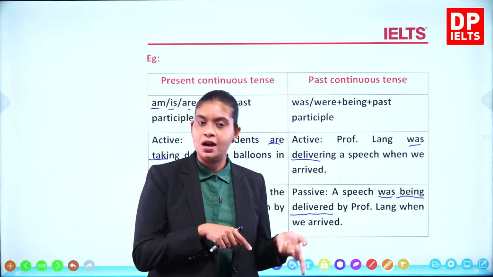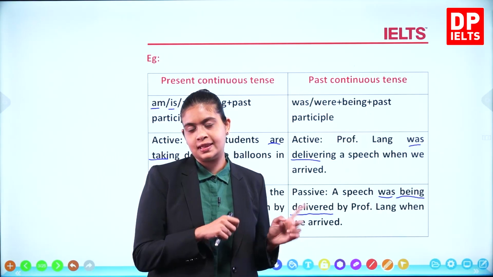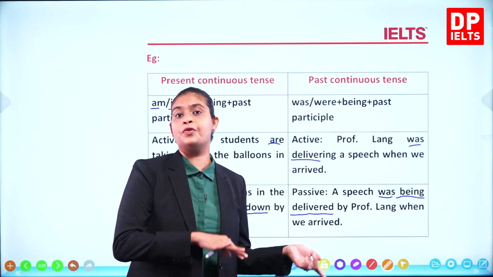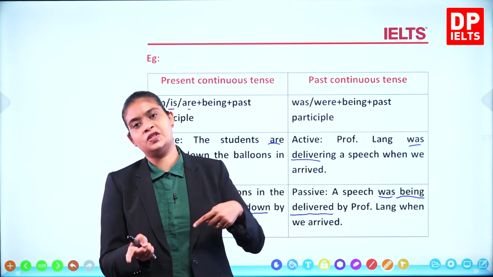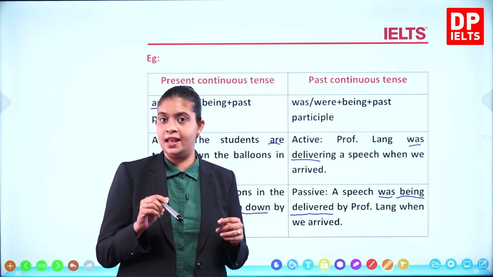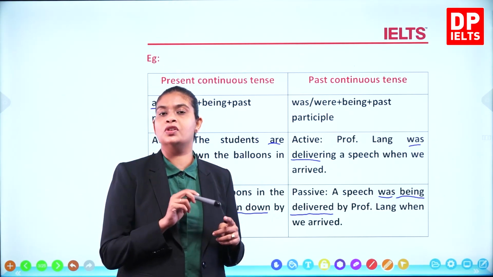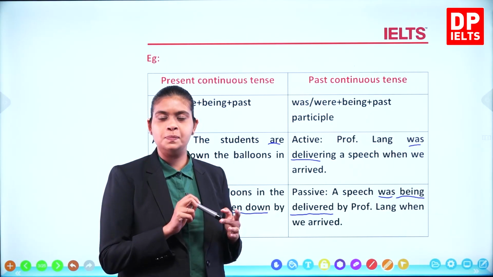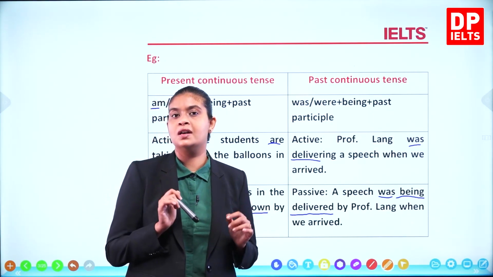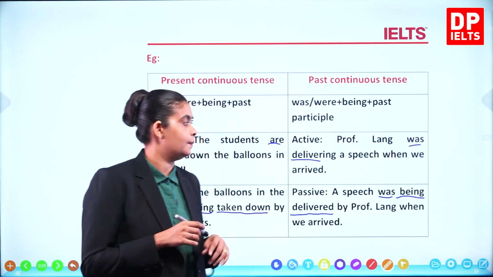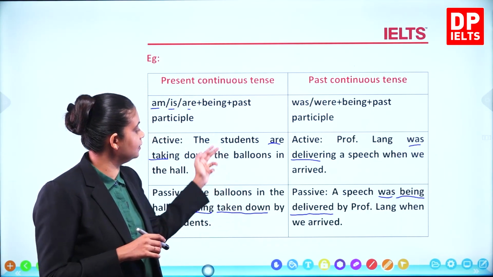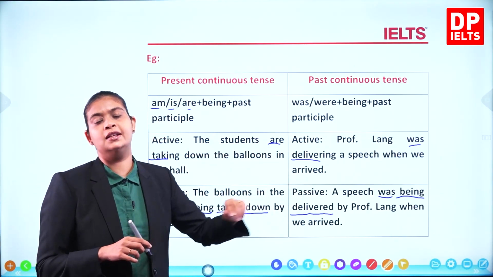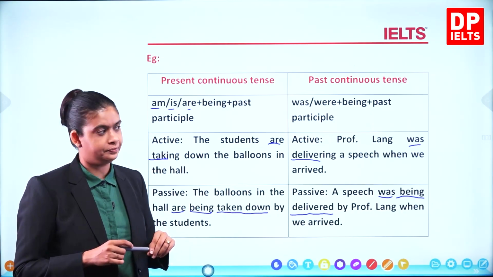If it is a past continuous sentence, which is changing from the active voice to the passive voice, then it is the be verb was or were plus being plus the past participle of the main verb. And I think here the change is clear for you to see.